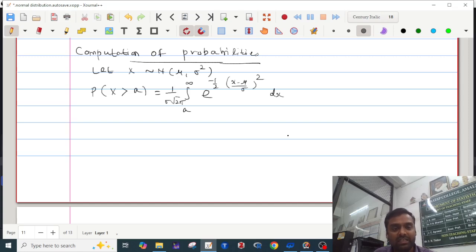In the statistical table, we have the probabilities for the region X greater than a. Actually, for X greater than 0, the probabilities from 0 onwards are available in the statistical table.